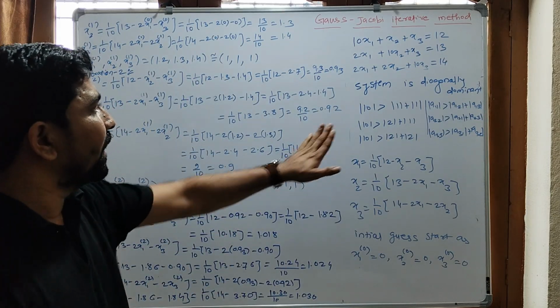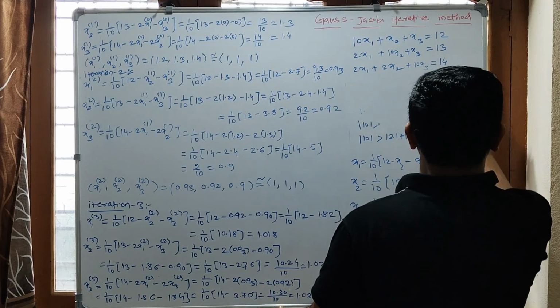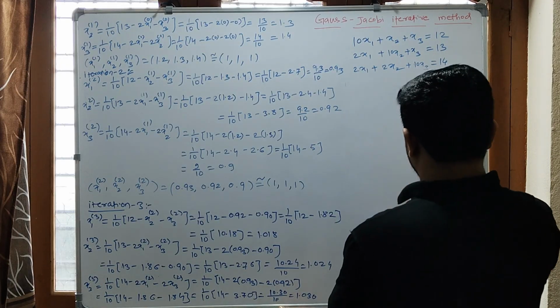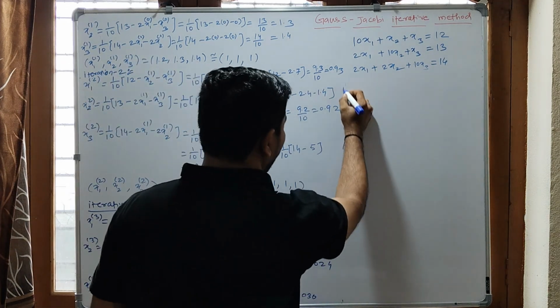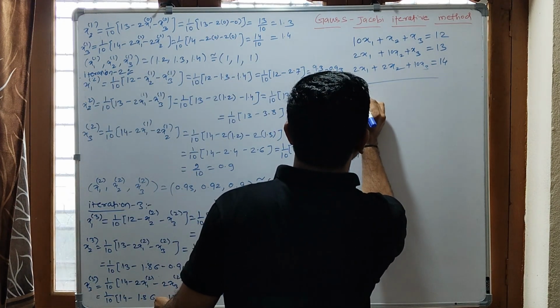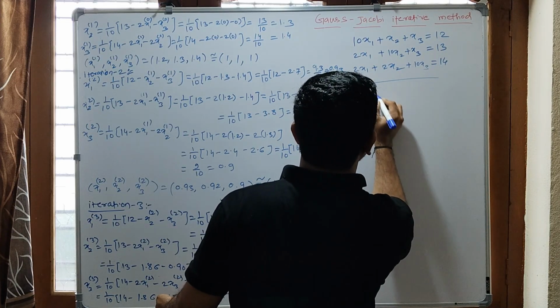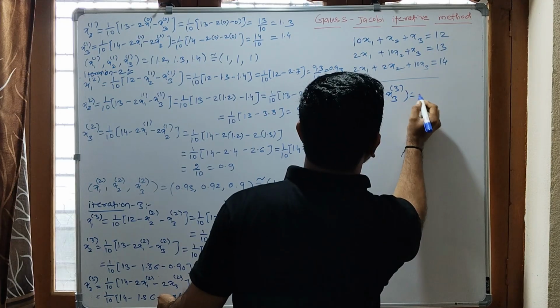So here, after that, I will write again the third iteration. From here I will write x1 at 3, x2 at 3, x3 at 3. That is my third iteration.